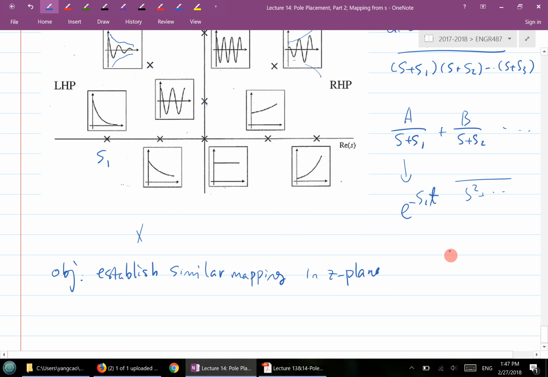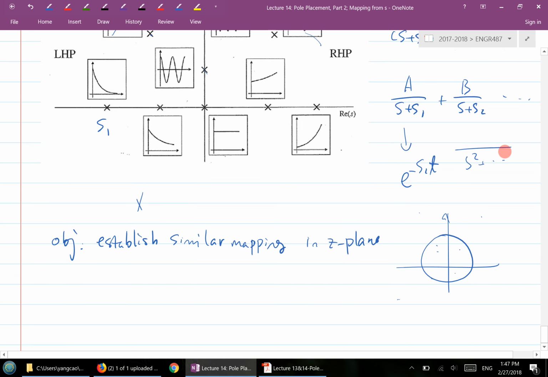The Z-plane basically means you have a unit circle right here, and we want to know what type of response the system will give us for each location inside the unit circle, or even outside it, with respect to the location of that pole. So we want to establish a similar mapping in the Z-plane based on S-plane knowledge.